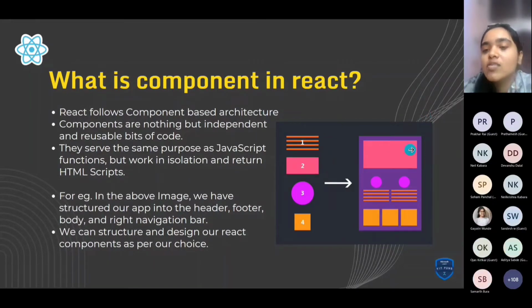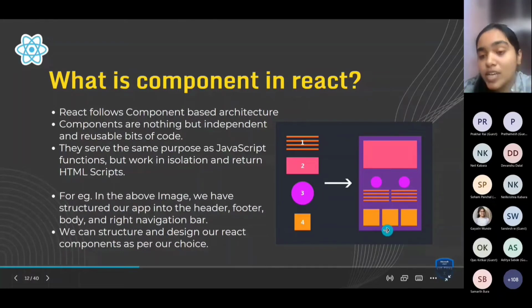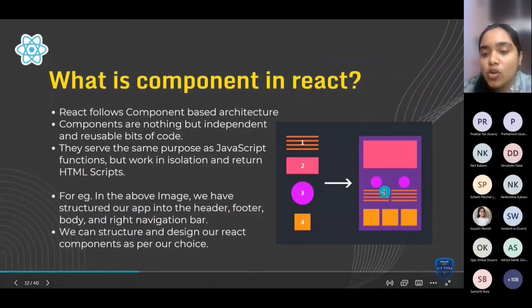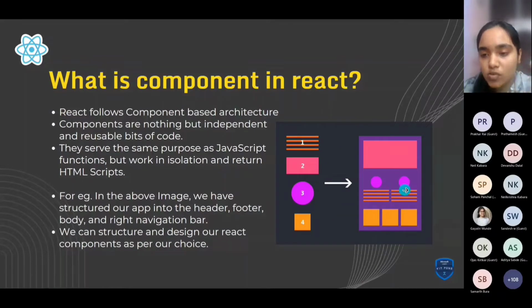Let's assume our header section in our website is static, and our footer section is also static, right? So what varies? The content of the middle section, the body section of our web pages. So whenever we refresh our web pages, only the dynamic component will re-render itself.